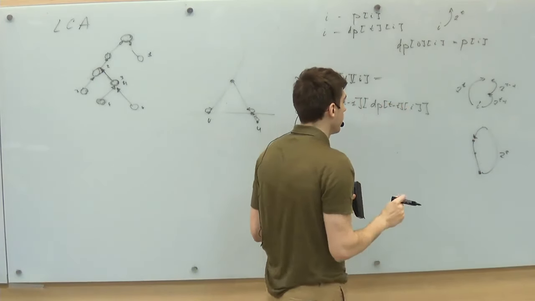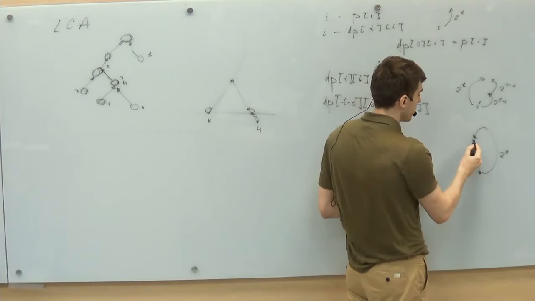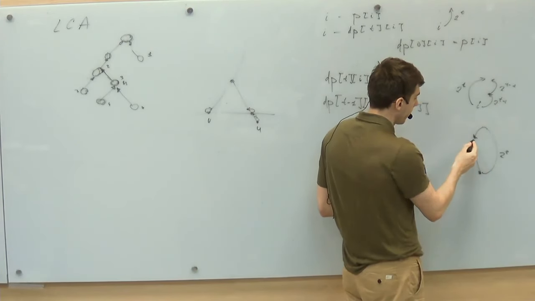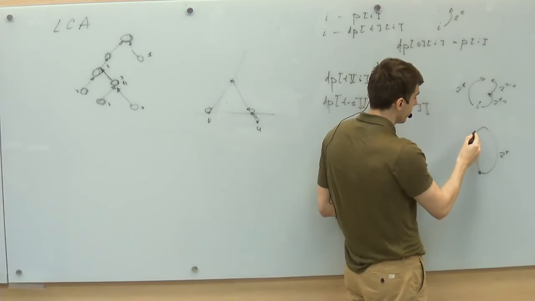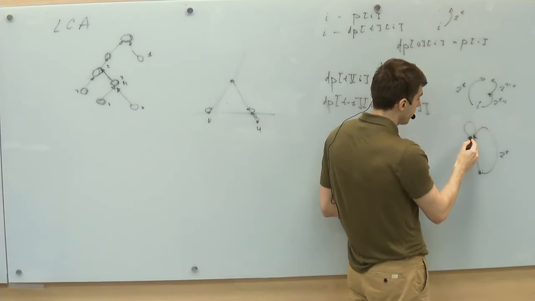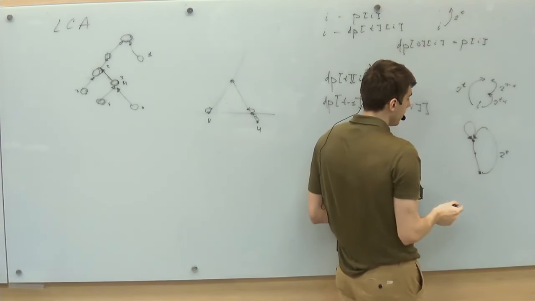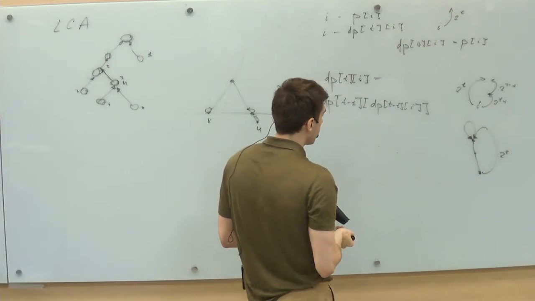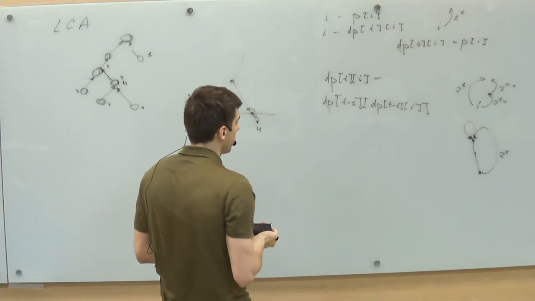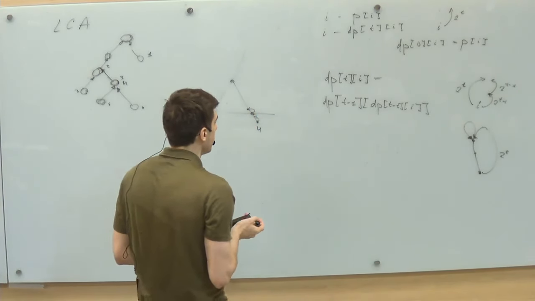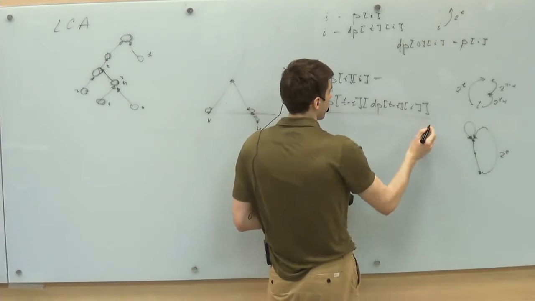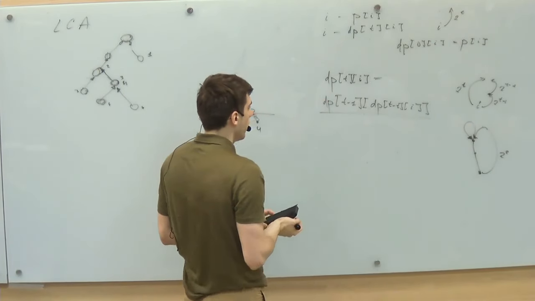And everything will still work fine. For example, if this will be the middle vertex, in this case, we will just leave here and nothing breaks, and we don't have to consider any cases. So we'll use this formula.